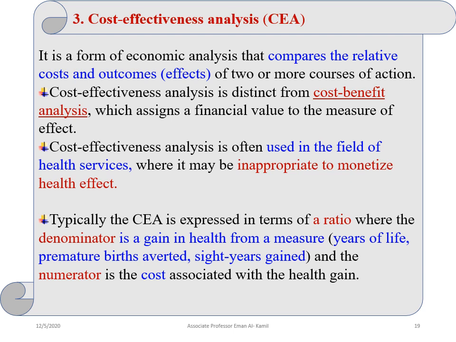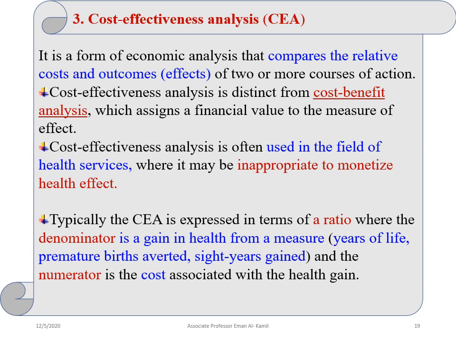Another important method is cost effectiveness analysis. Compared to cost benefit, it is a form of economic analysis that compares the relative costs and outcomes, the effects, of two or more courses of action. Cost effectiveness is distinct from cost benefit analysis, which assigns a financial value to measure the effect.